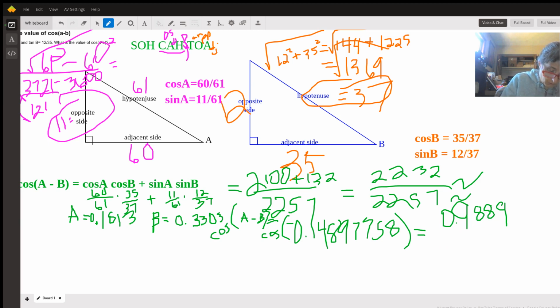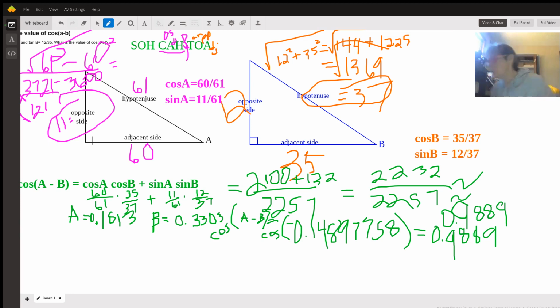So let's find the cosine of this negative 0.1489. And I get that it is 0.9889. So that was a long way to check it, but we know for sure we got the right answer.